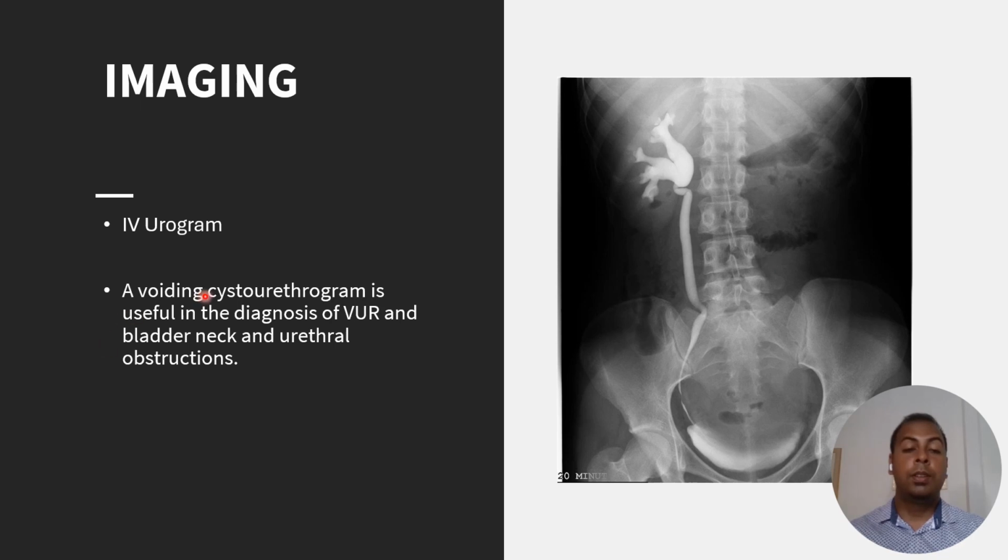So what is this study really? Usually we would insert contrast via the patient's urethra using a urinary catheter. Especially if we are diagnosing vesicoureteric reflux, we look to see if the contrast would leave the bladder and enter the patient's ureter.